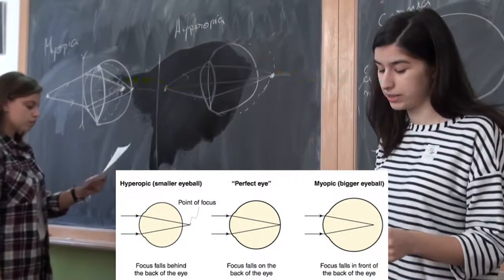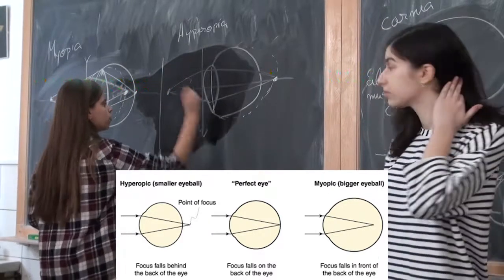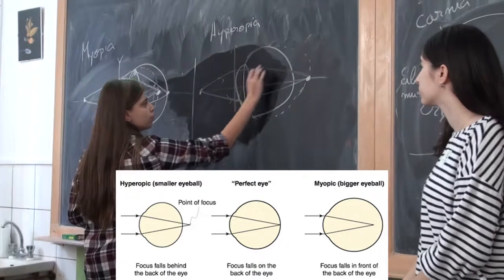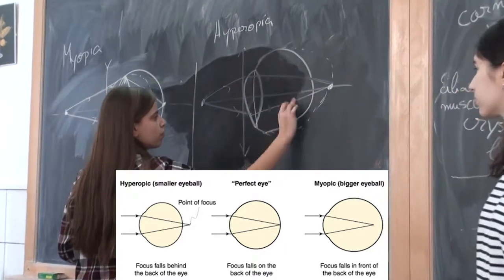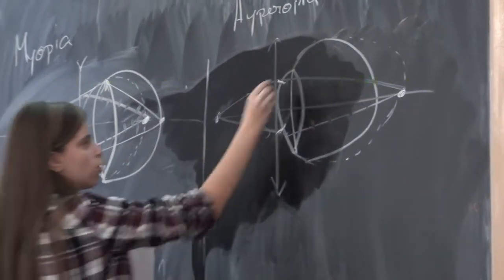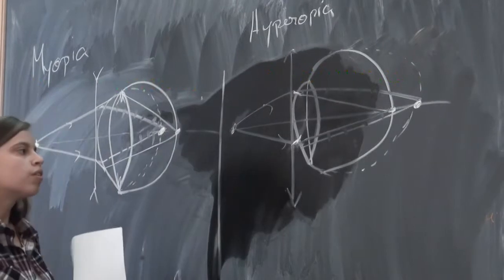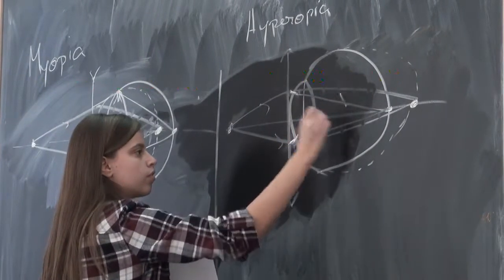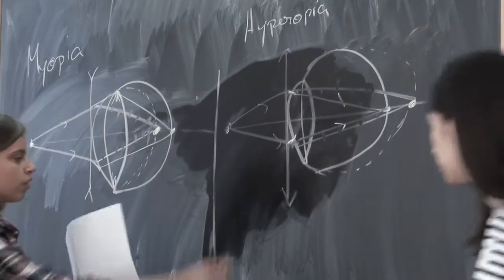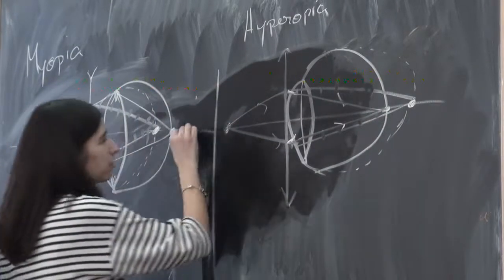The cure for the farsighted eye is usually a converging lens. The light will be converged even more before entering the eye. Thus, a person with hyperopia who wears converging lenses will see the real object at a further away distance than normal.